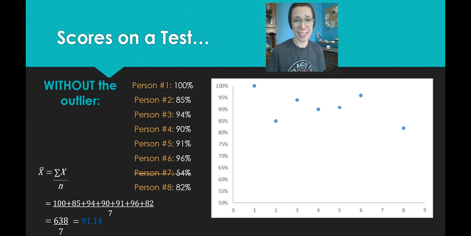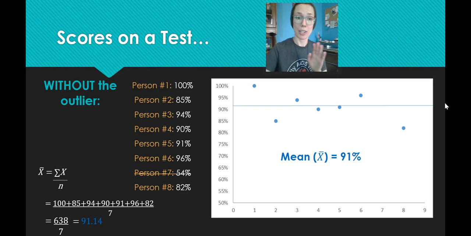For simplicity's sake, again, because decimal points make calculating standard deviation incredibly more complicated, we're just going to round to 91%. The average score of this group of 7 students is 91%. So here's how we would visualize that. If this is the 91% line, we've got scores underneath it, and we've got scores above it.